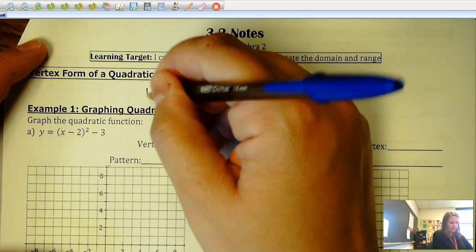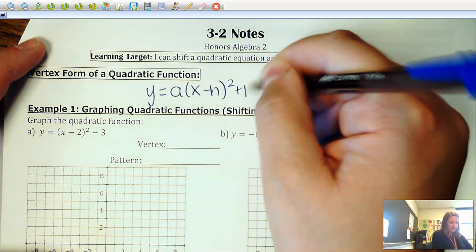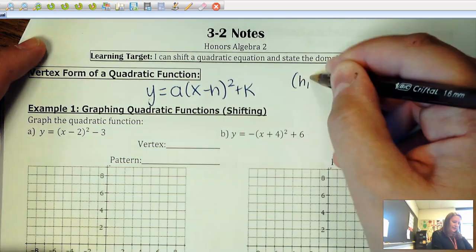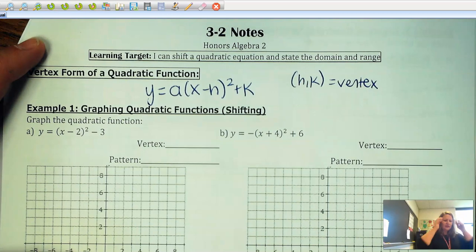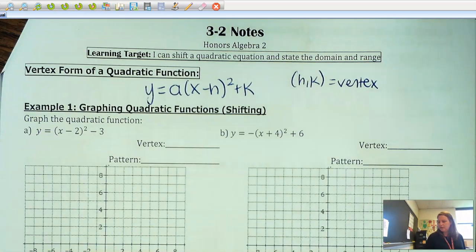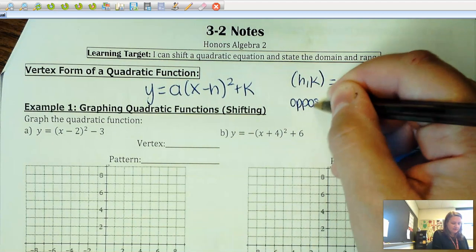So just to remind you, it's a times (x minus h) squared plus k, and (h, k) is going to be your vertex. And what's going to go on here in terms of how this looks, this is going to work just like the absolute values.